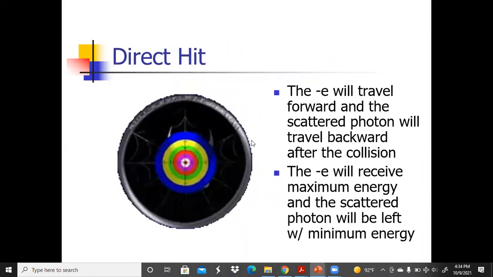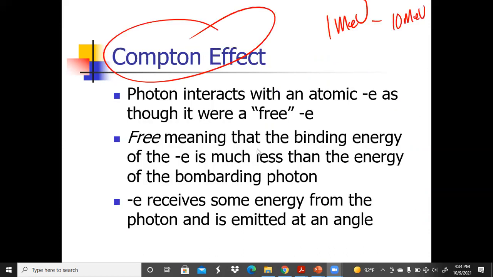So with a direct hit, the electron will travel forward and the scattered photon will travel backwards after the collision. The electron will receive maximum energy and the scattered photon will be left with minimum energy. Compton effect.